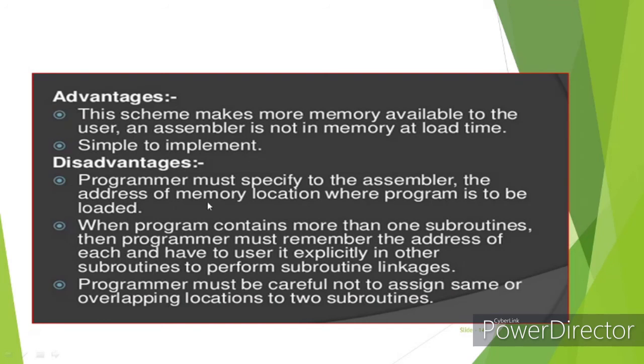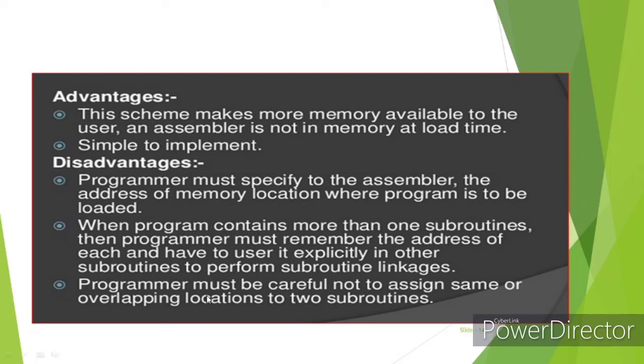The disadvantages are that the programmer must specify to the assembler the address of the memory location where the program is to be loaded. When a program contains more than one subroutine, the programmer must remember the address of each subroutine explicitly in other subroutines to perform the subroutine linkages.